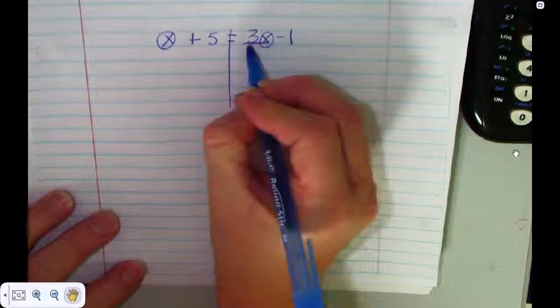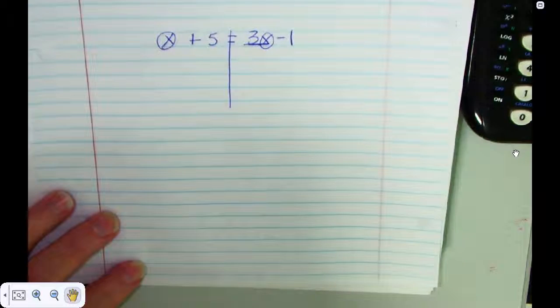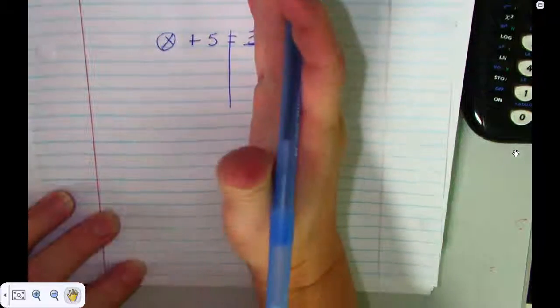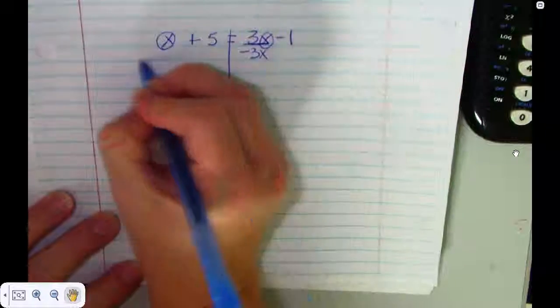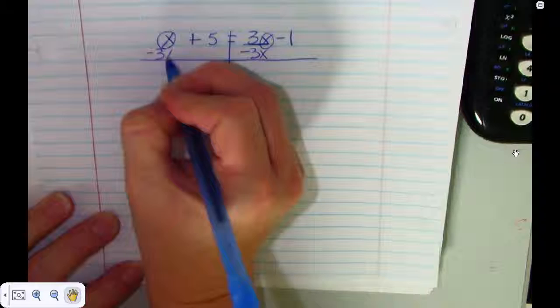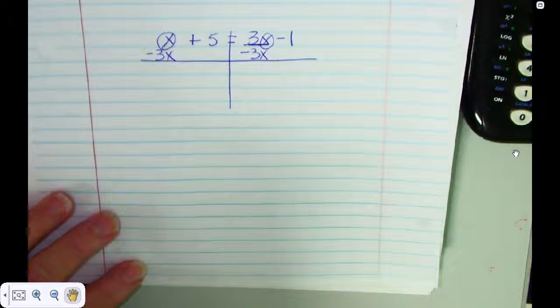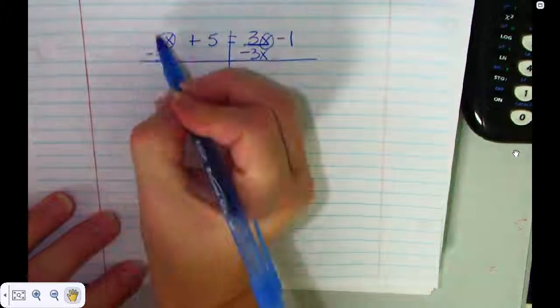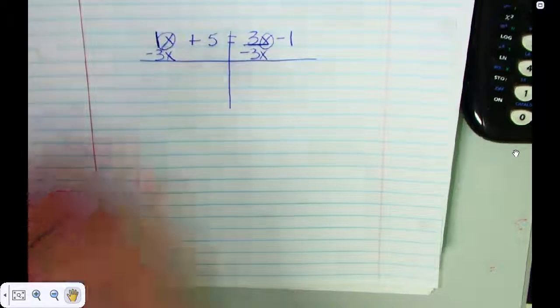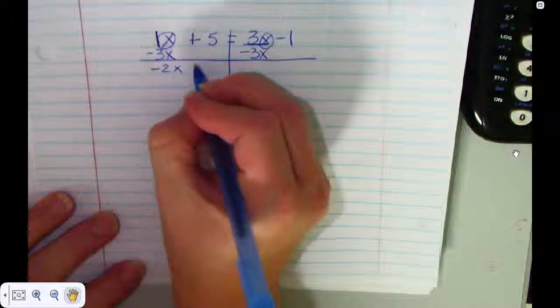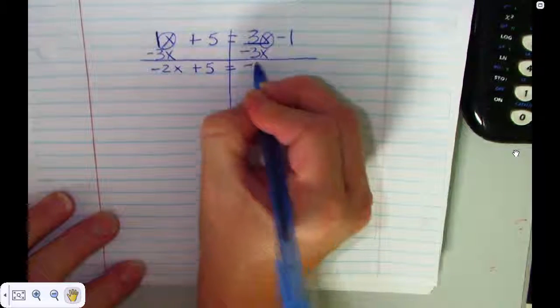We need to move these 3 x's, eliminate them from that side. So we are going to subtract 3x. Or we can say we're adding a negative 3x to both sides. Remember, the coefficient would be 1. 1 minus 3, negative 2x plus 5 equals -1.